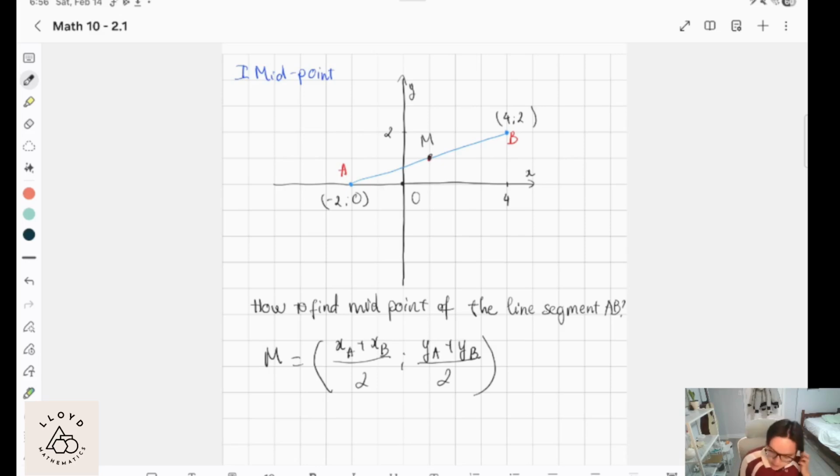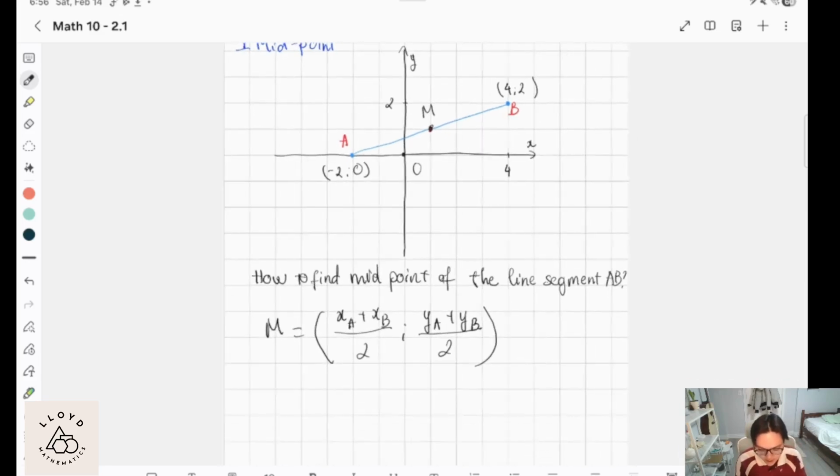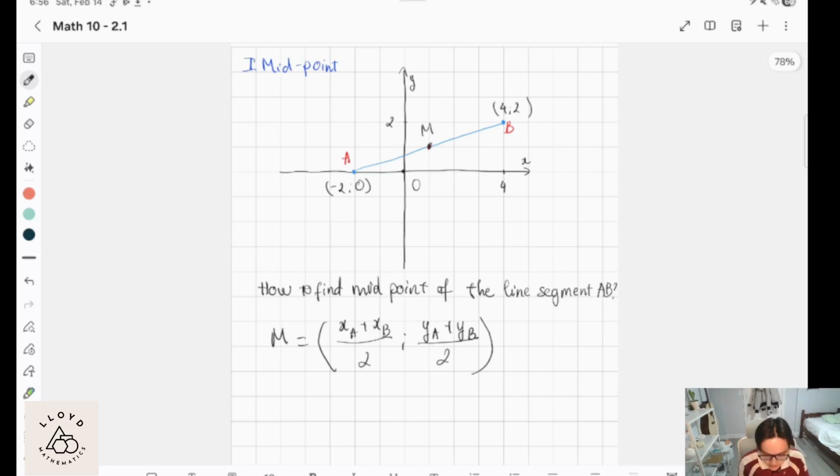So how can we apply it in this situation? We've got XA is -2, so M here is -2 plus XB, which is 4, divided by 2, and YA is 0 and YB is 2, so it's divided by 2.